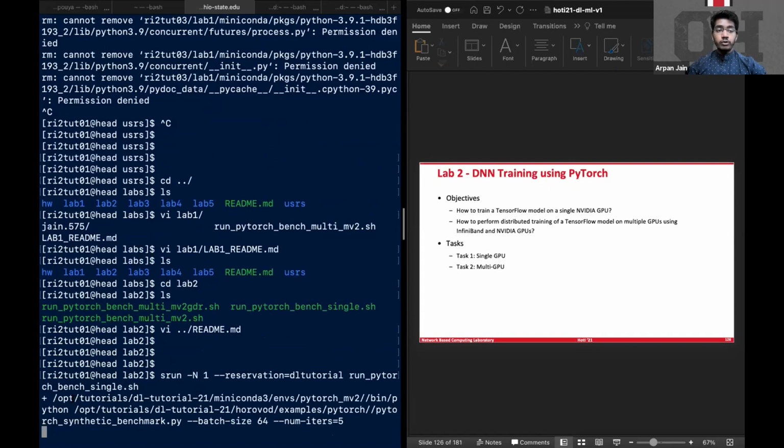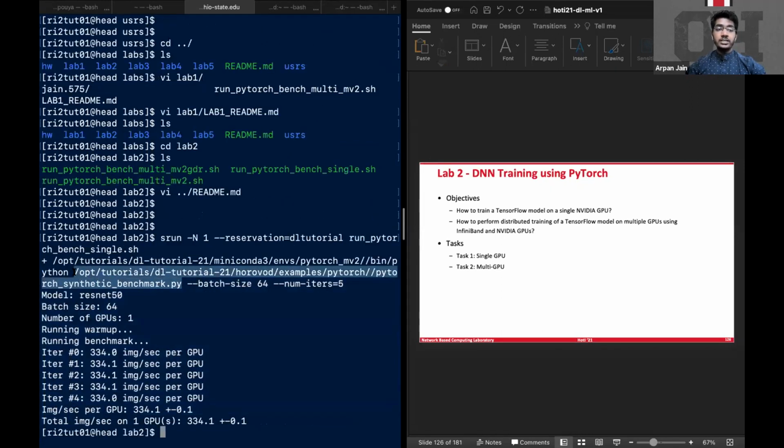Let me tell you what we are running. It is just a batch script. We are running this command: the absolute path to the Python installation, and then the benchmarking script.